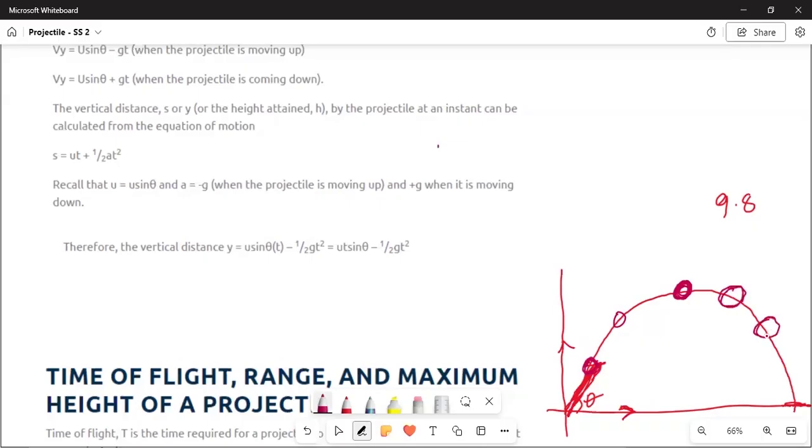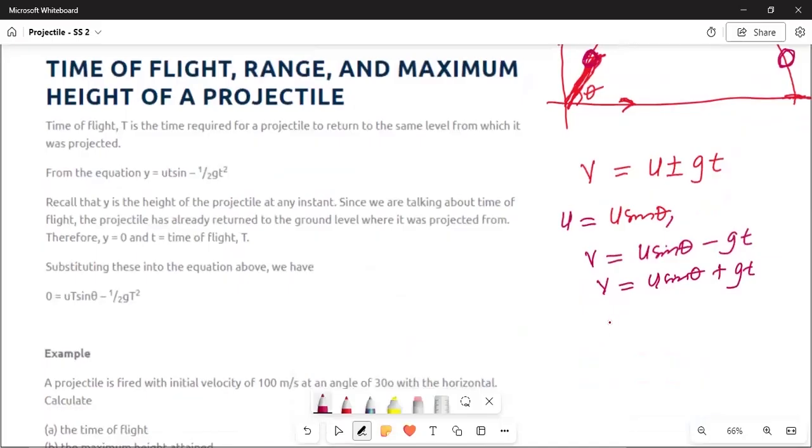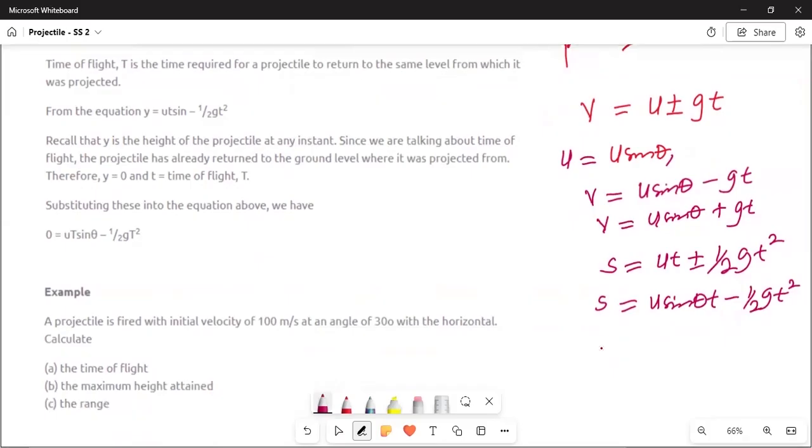So we can calculate the distance along the vertical axis using the equation of motion s equal to ut plus or minus half gt squared. Again, u is u sine theta, so the distance s is u sine theta times t minus half gt squared when the object is going up. And when the object is coming down, s is u sine theta times t plus half gt squared.